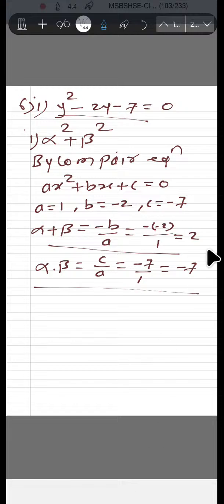Now what is the question? Alpha square plus beta square. Let's solve it. How?